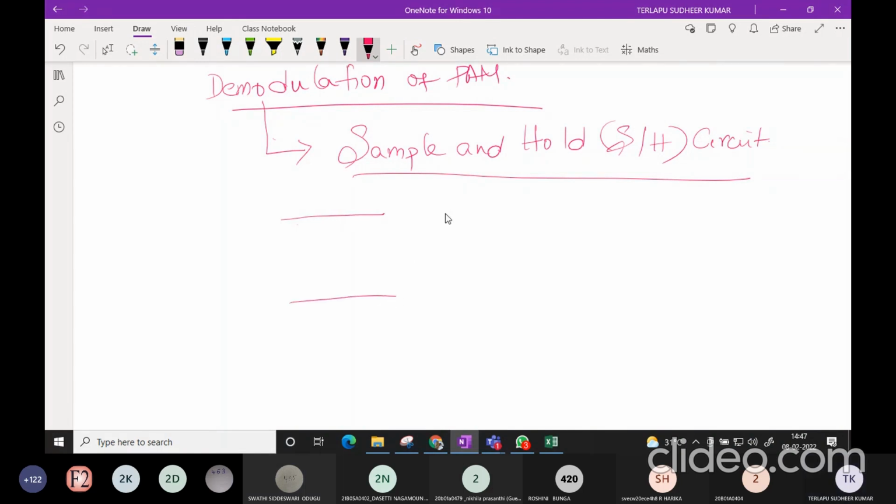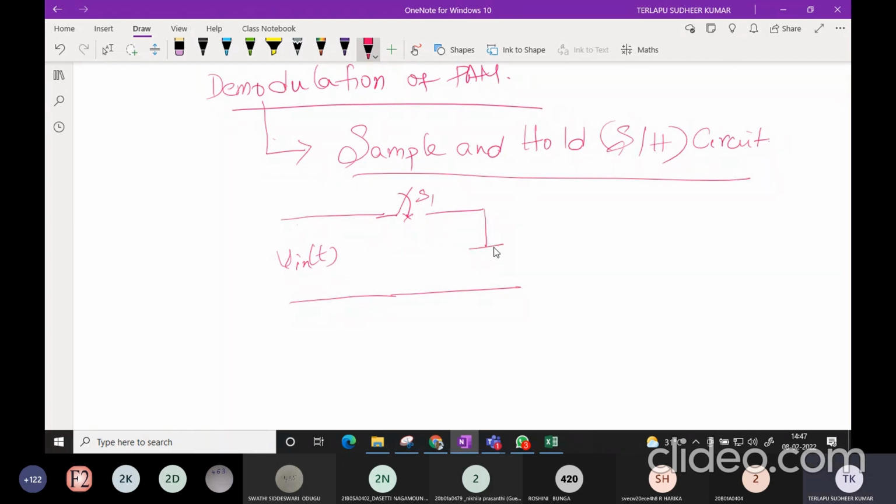Here I have the input signal, let it be V input of t, and I have a switch here, let the switch be S1.